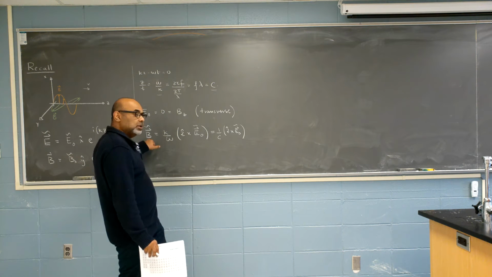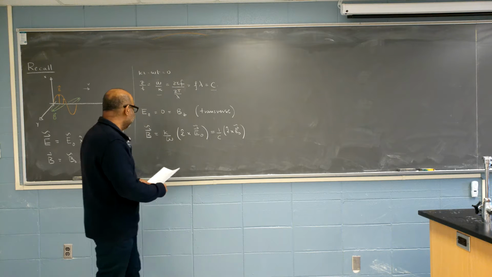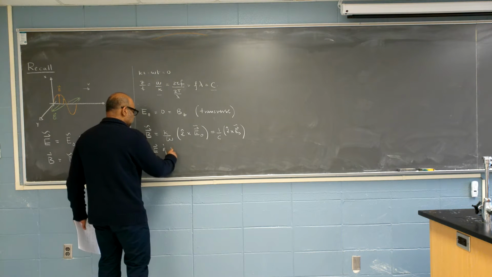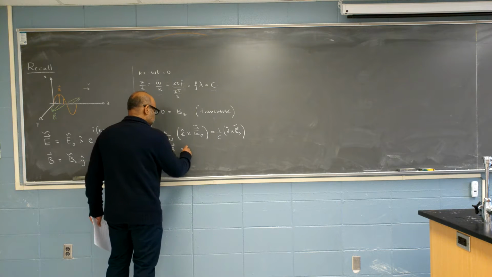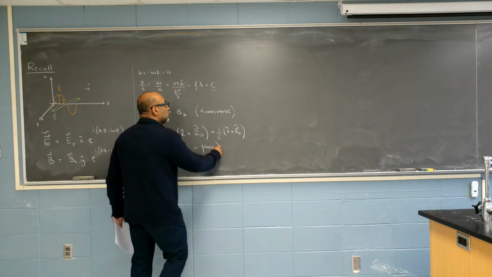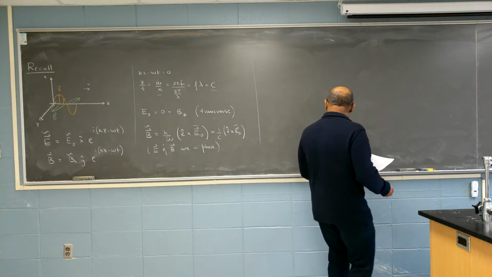So whatever is the complex part of B is the complex part of E. So from here, we actually conclude that E and B are in phase. I think this is sort of where we were.